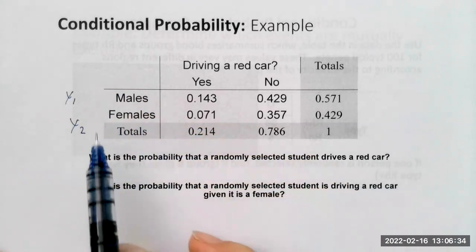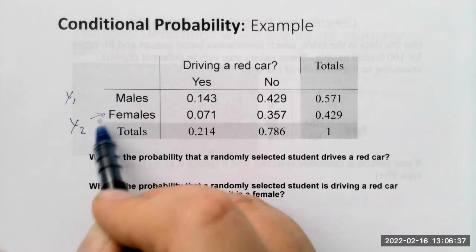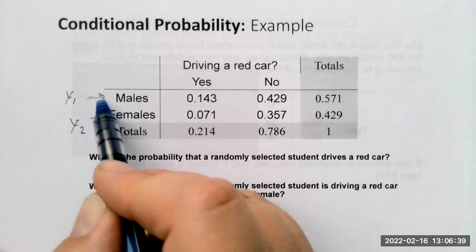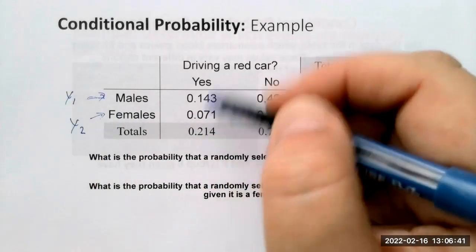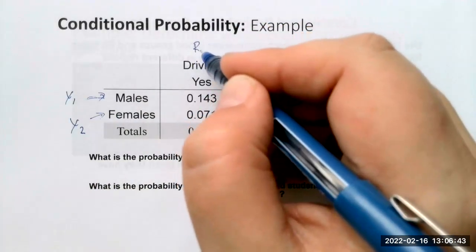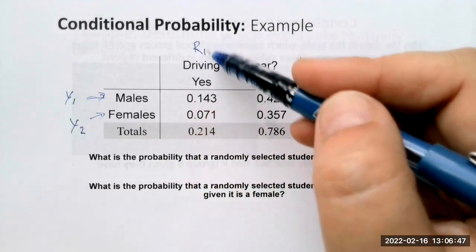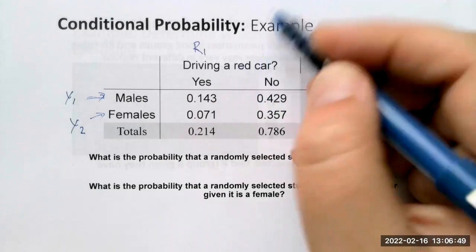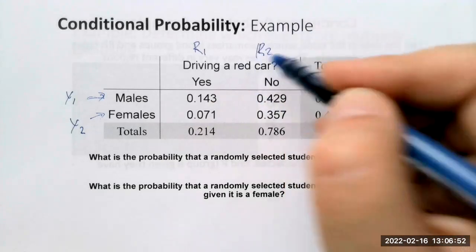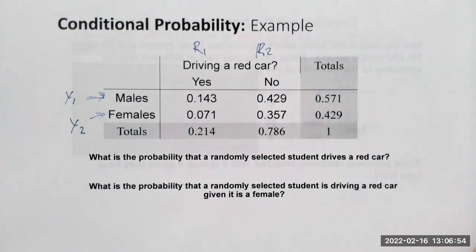Event Y2 is that a randomly selected student is a female. And then we're going to have, let's say, R1, the event that a randomly selected student drives a red car, and event R2 is that they don't drive a red car.